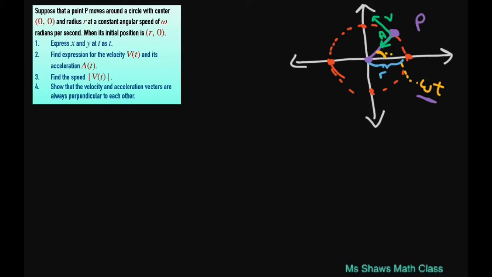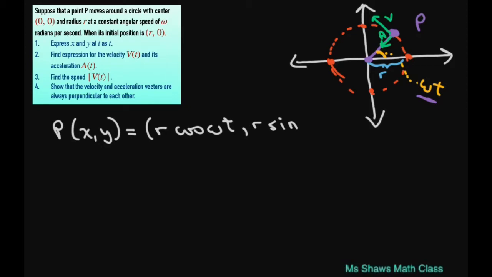So first we're going to express our x and y as functions of t. Basically that means at point (x, y), that's going to be (r cosine of omega t, r sine of omega t). That means our x equals r cosine of omega t, and our y equals r sine of omega t.